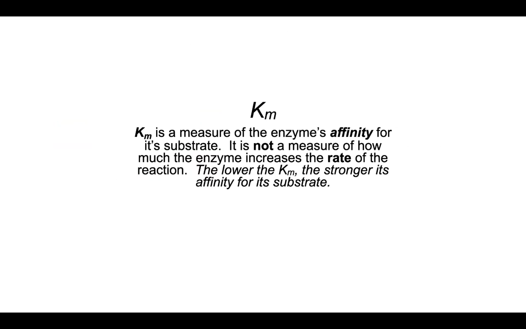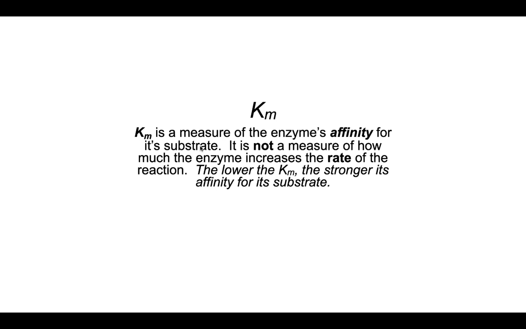All right, now let's take a look at what Km, kcat, and Vmax tell us about an enzyme. Km is a measure of the enzyme's affinity for its substrate. How well does that enzyme bind to its substrate? It doesn't measure how fast that enzyme increases the rate of a reaction.